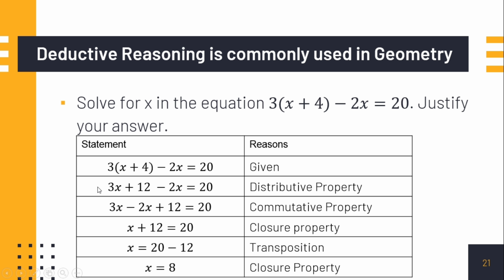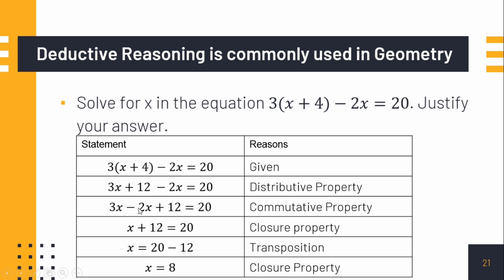And then, we can distribute 3 inside the quantity. So 3 times x is 3x. Copy the operation or the sign. 3 times 4, that is 12. Minus 2x is equal to 20. Kaya our reason for that is distributive property.